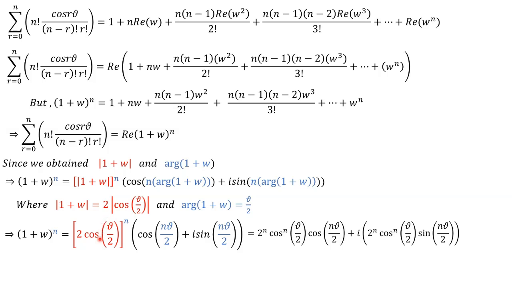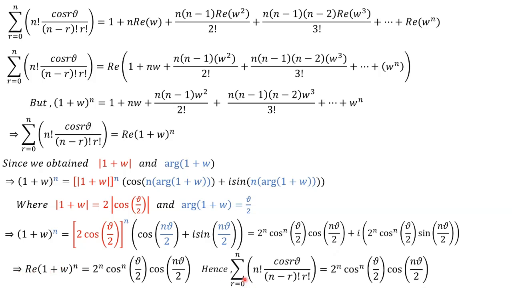When I multiply it inside this bracket, I get this expression, from which I can say that the real part, which I want, remember, we want the real part of 1 plus omega raised to the power n. Since we have 1 plus omega raised to the power n as all of this expression, I can take its real part, which corresponds to 2 raised to the power n cos raised to the power n of theta divided by 2, times cos of n theta divided by 2, which is what I was looking for.